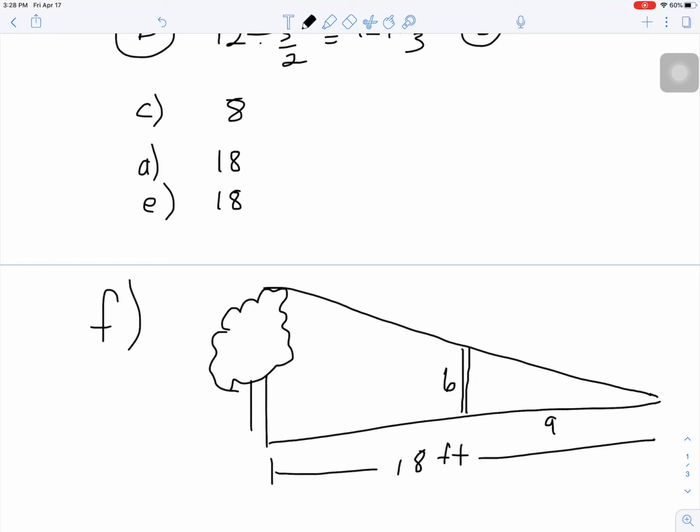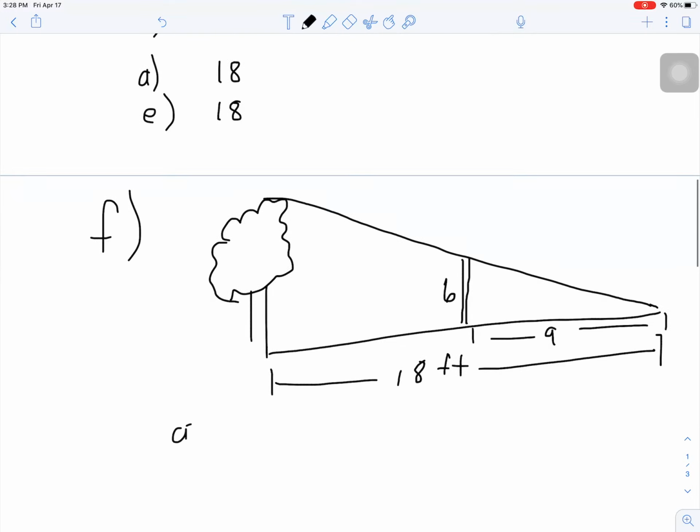So you can see that our scale factor, if we're looking at this full length, that's 18. If we're looking at partial length over here, that's 9. So if we go 18 over 9, we know that our scale factor is 2, right? So that would tell us if we make it 9 over 18 equals 6 over what?